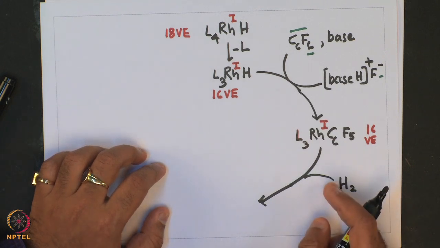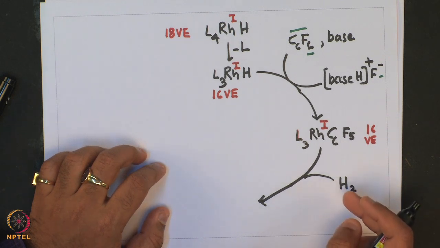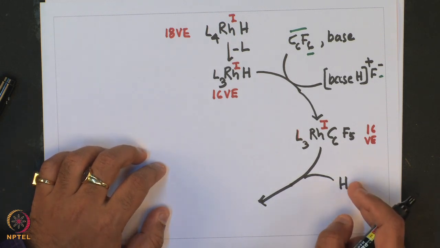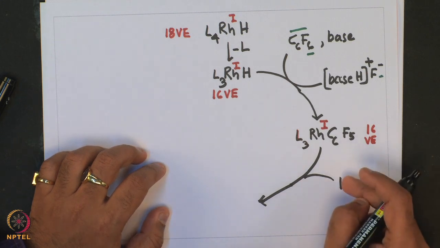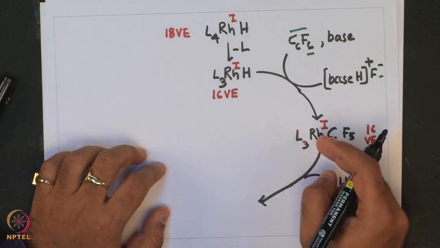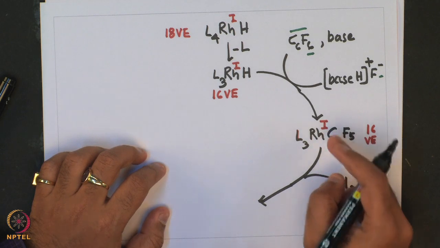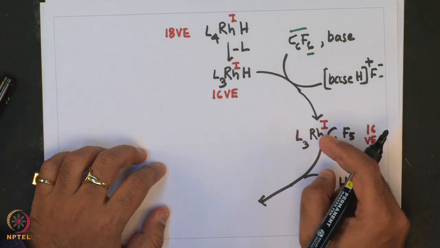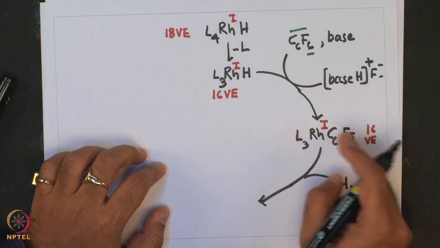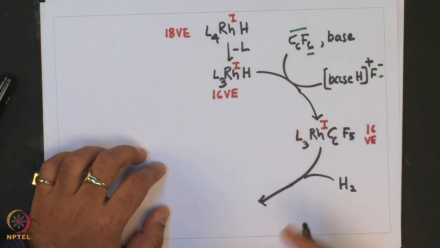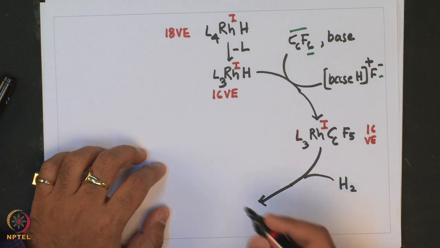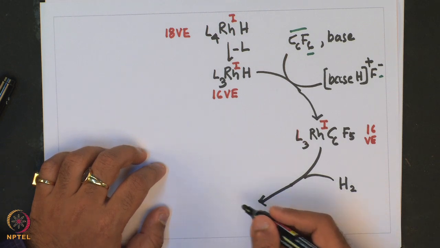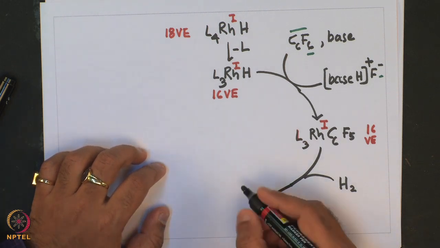This is an oxidative addition step in which the dihydrogen molecule oxidatively adds on the low valent rhodium 1 L3 R C6F5 complex, giving rise to this 6 coordinated rhodium dihydride complex as shown below.